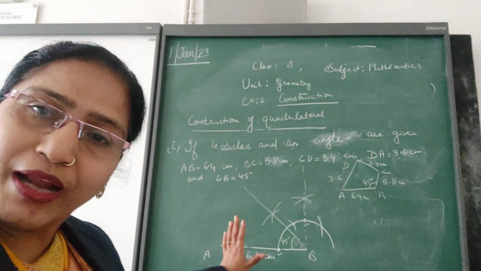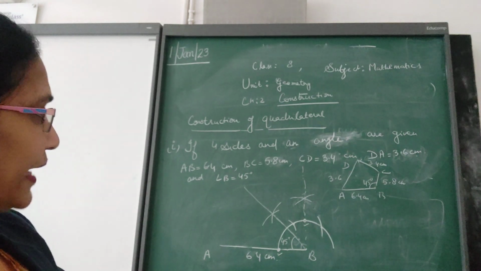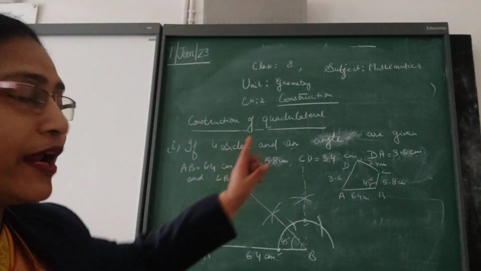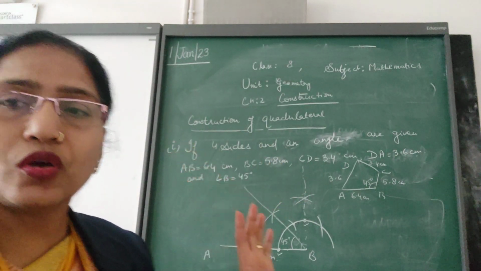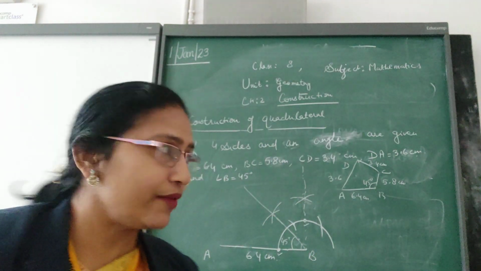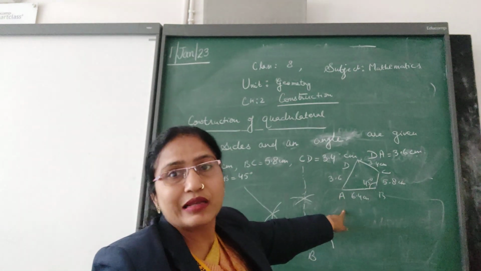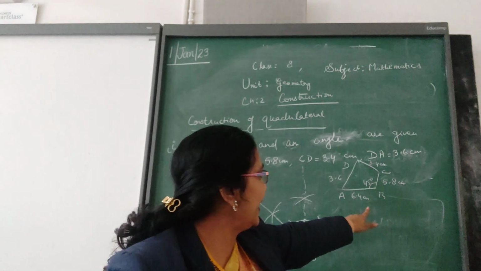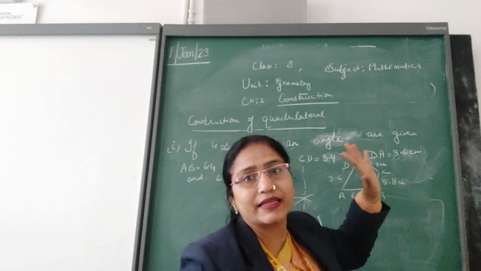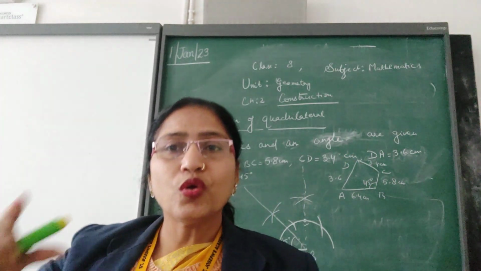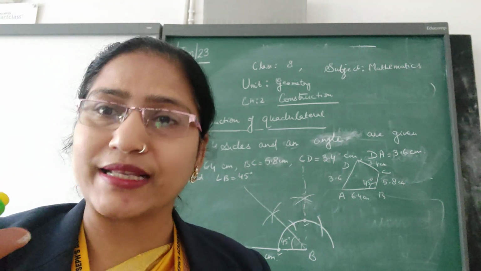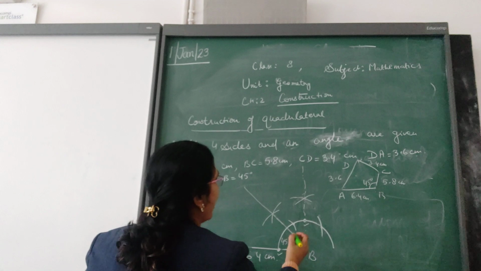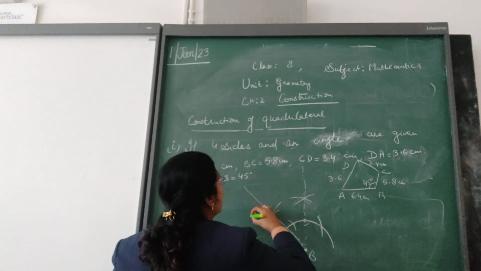Children, you got this point? Now you get the BC ray, but you don't know where the C point must be. So BC length is already given. I have drawn this rough sketch diagram. So length BC is 5.8 centimeter. Now you have to take 5.8 centimeter in your compass and draw the arc after taking B as a center.